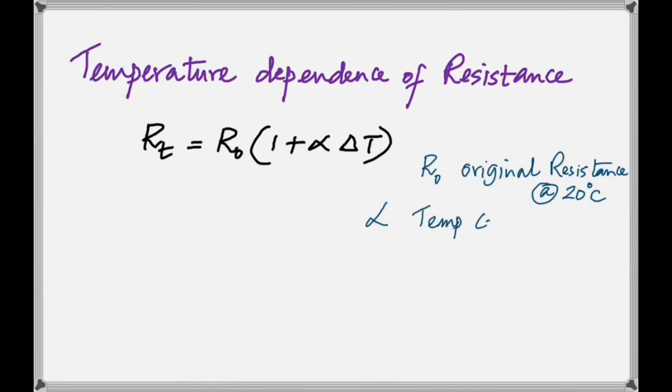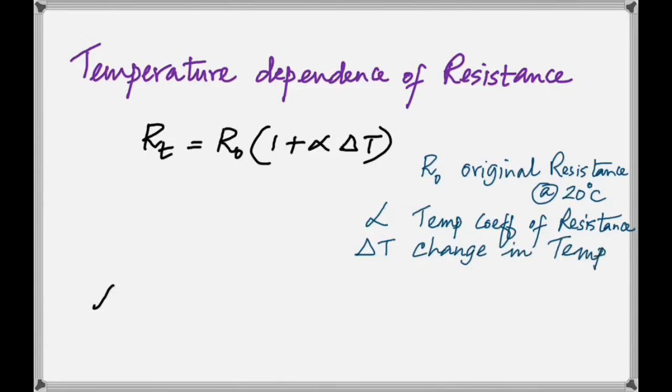It is negative for semiconductors. So that's why I said alpha may be negative, and that's for semiconductors, but the same formula can be applied.